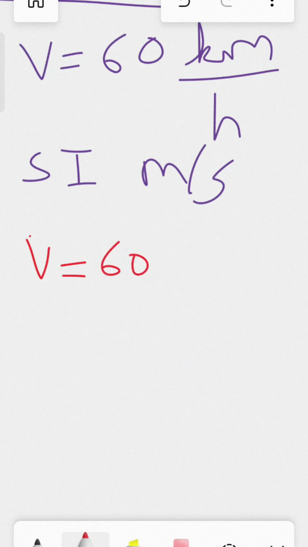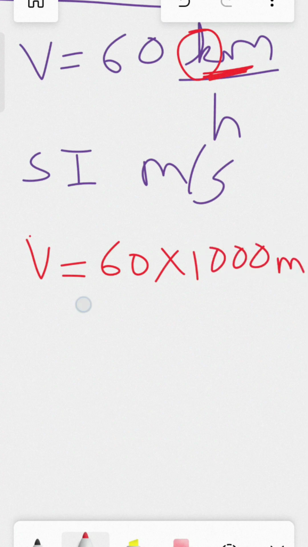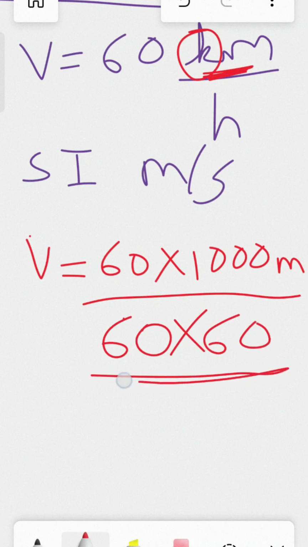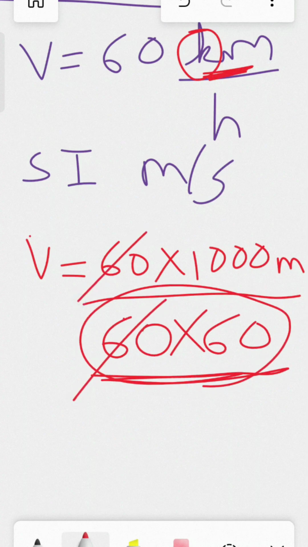So 60 multiplied by, if you want to convert kilometer into meter, you have to multiply by 1000 meters, divided by an hour. An hour can be written as 1 hour contains 60 minutes and each minute contains 60 seconds. So we have to multiply 60 into 60 in this case. So one of the 60s will cancel out.